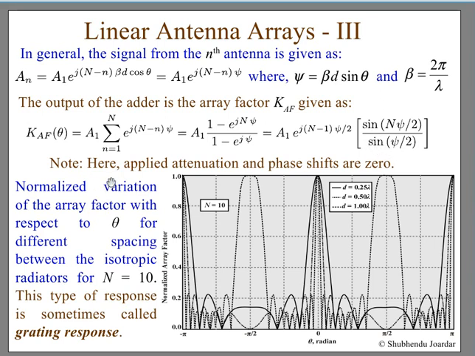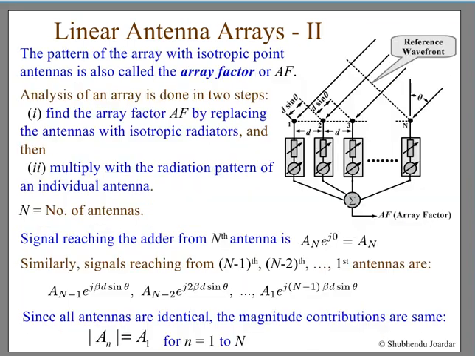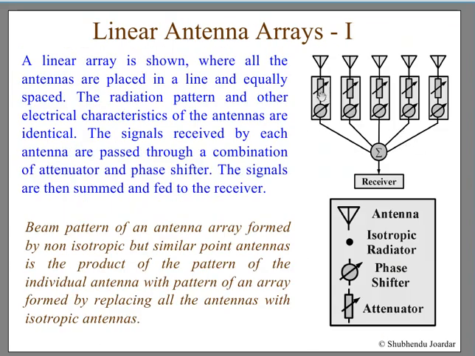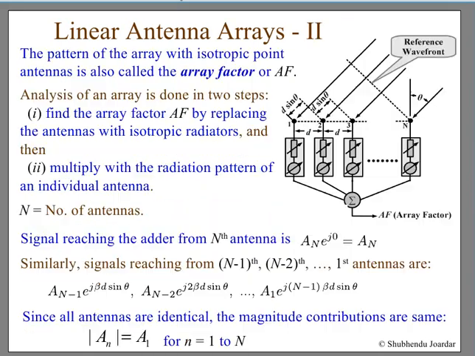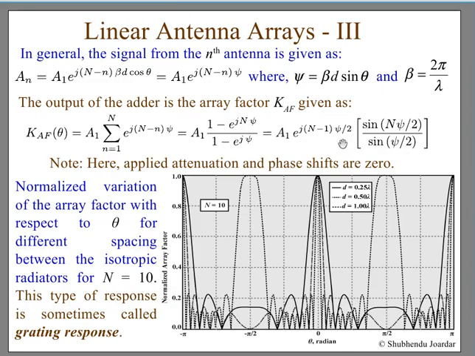So here we applied attenuations and phase shifts of 0. What I mean is, attenuations and phase shifts you can put in here using these terms, but here we have assumed them to be 0. So this is the normalized variation of the array factor with respect to theta.